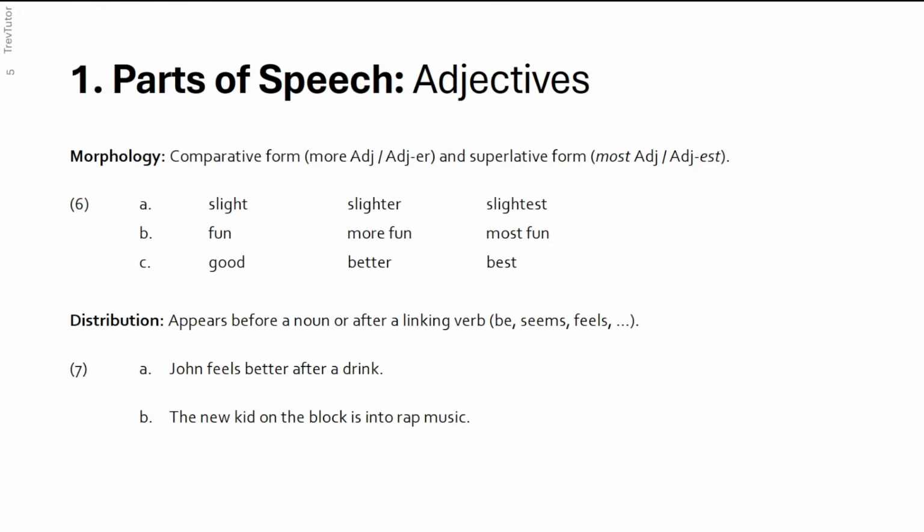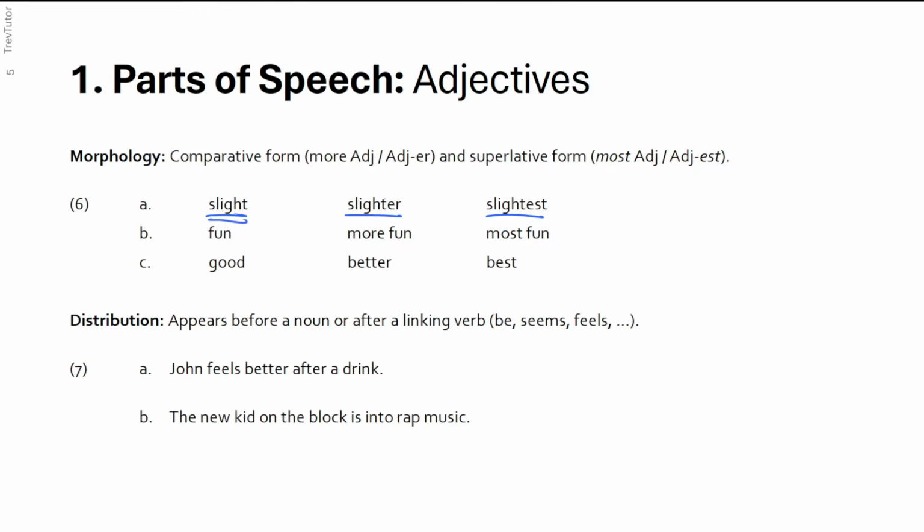Adjectives describe nouns. That is their primary function. So most adjectives, well, all adjectives have different forms, comparatives and superlatives, but with most adjectives, you can just add an ER or EST to them to make a comparative or superlative form. So for example, you can have a slight hit, a slighter hit, or the slightest hit.